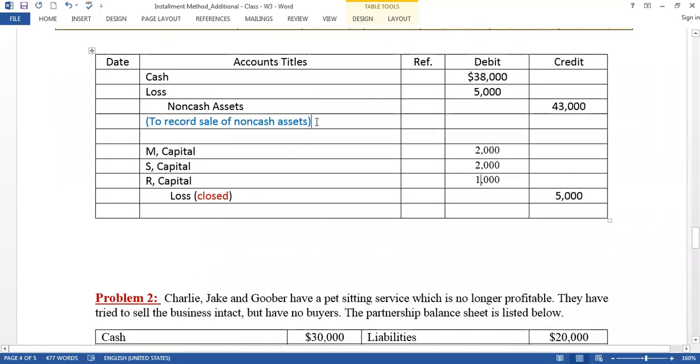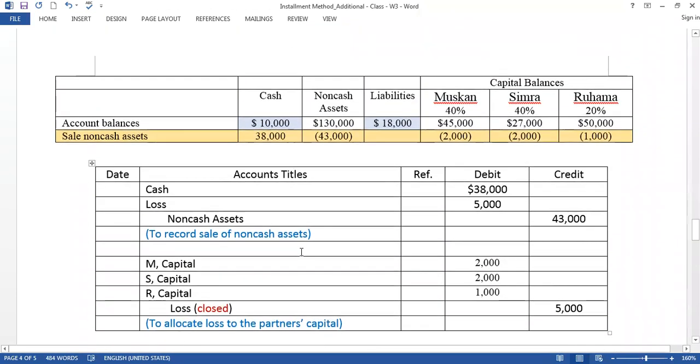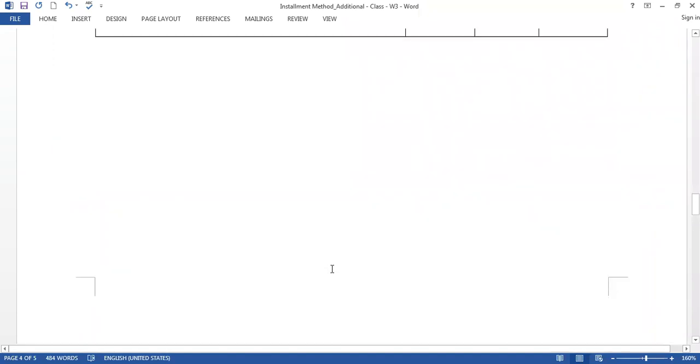And we write a note here, narration: we allocate loss to the partners' capital, right?